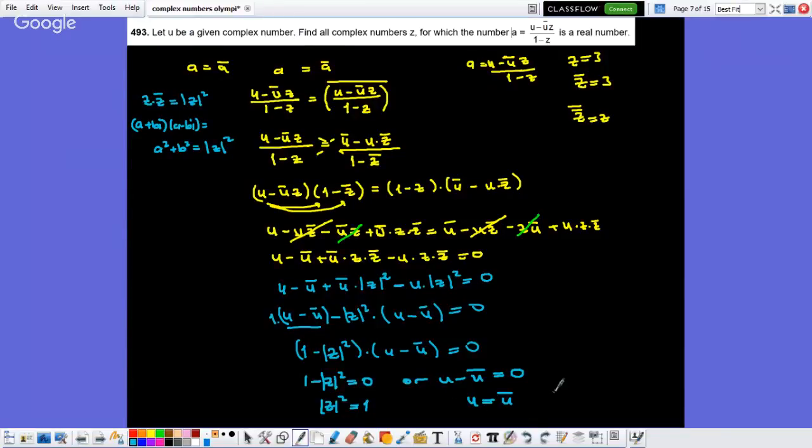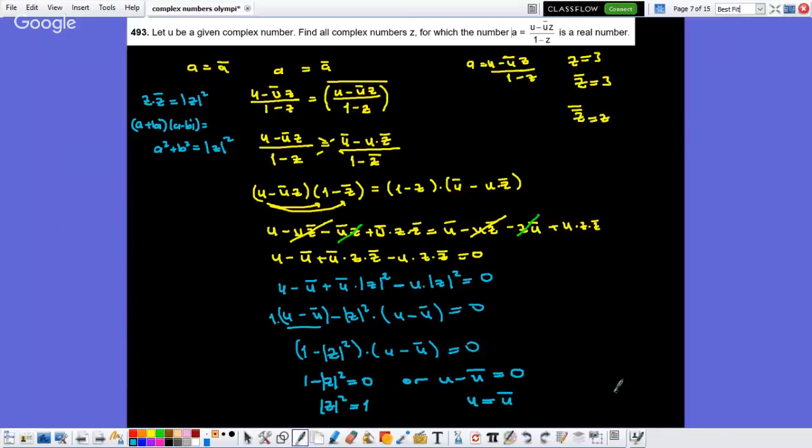So we know that u is not equal to u conjugate, and it means that modulus z square must be equal to 1. The question says find all complex numbers. We found them, though this is not a direct answer. You didn't find any x and y value or exact value, but we know only this one.